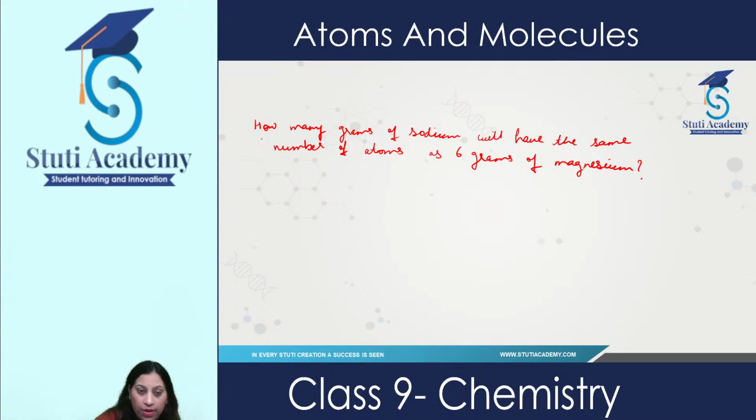Here Na is 23 u, it is given, and Mg is 24 u. How many grams of sodium will have the same number of atoms as 6 grams of magnesium? So you need to find out.